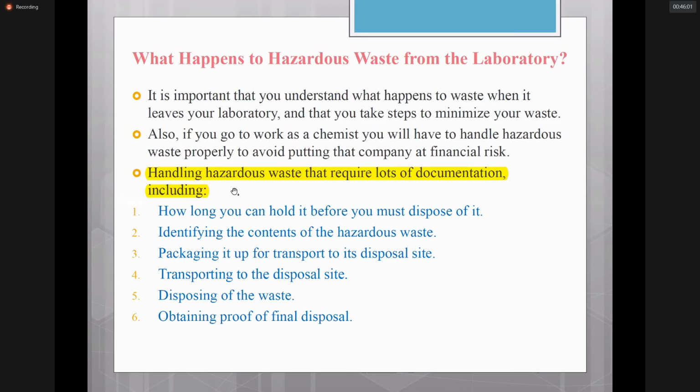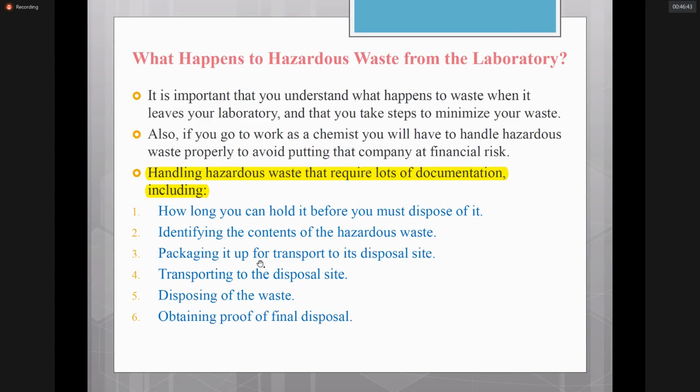Handling hazardous waste requires a lot of documentation. When we have a hazardous waste in the lab, we must check this list. How long you can hold it before you must dispose of it. Identify the content of this hazardous waste, what the components of this hazardous waste are, because it will help us know if we can handle it for extra time or no, it has to be disposed of immediately.